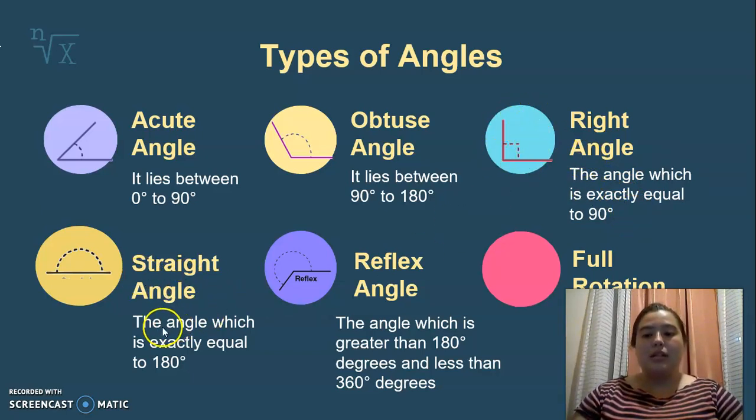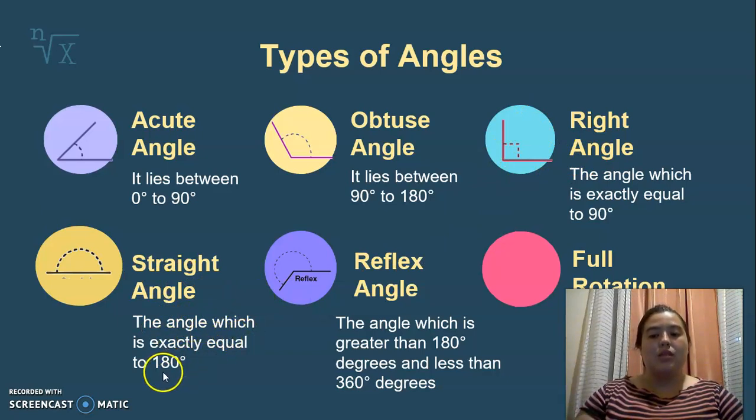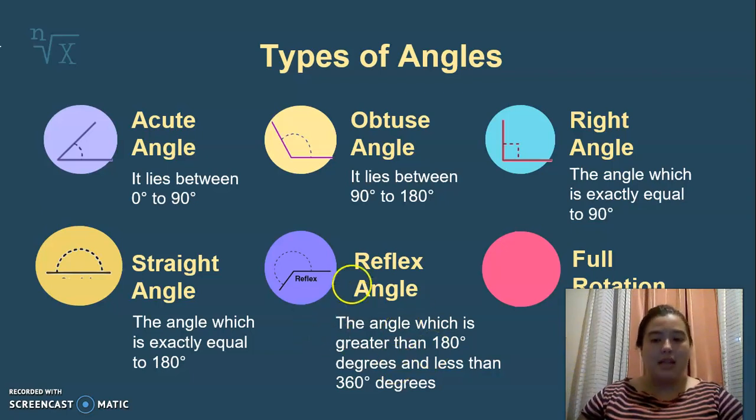Straight angle, the angle which is exactly equal to 180 degrees. This is an example of a straight angle. Then we have the reflex angle, which is greater than 180 degrees and less than 360 degrees. This is an example of a reflex angle.